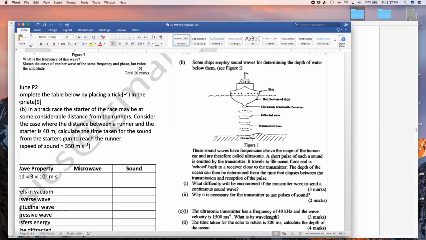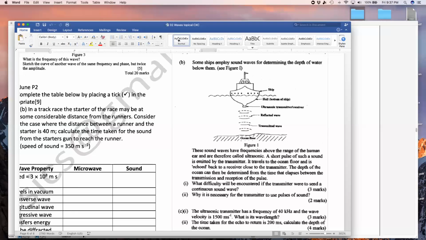A short pulse of such sound is emitted by a transmitter right there. It travels to the ocean floor and it's echoed back or reflected back to the receiver close to the transmitter. So right here you have a transmitter and a receiver. So you're sending one wave and you're listening for the reflection. The depth of the ocean can be determined from the time lapse between the transmission and reception of the pulse.